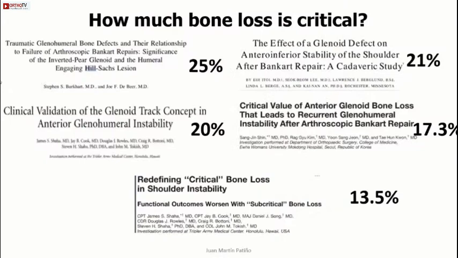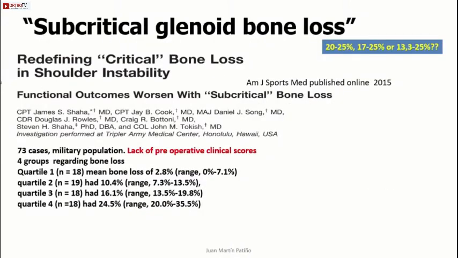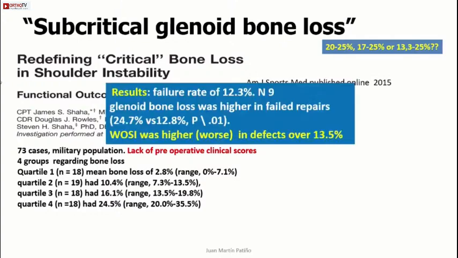But how much bone loss is critical? There is some international consensus in taking 25% as critical bone loss. But in the last year, several authors started to talk about subcritical bone loss. In this paper, the authors presented 73 cases of a military population. They divided them into 4 groups regarding the bone loss.